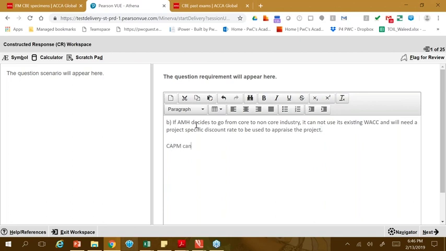CAPM can be used to find this project-specific discount rate, i.e. the KE. And this will be used to discount future cash flows to appraise such projects.